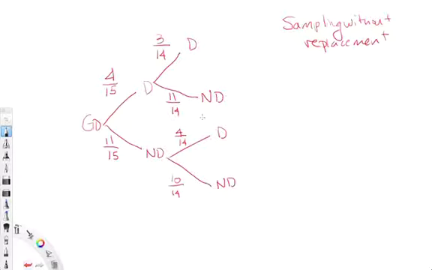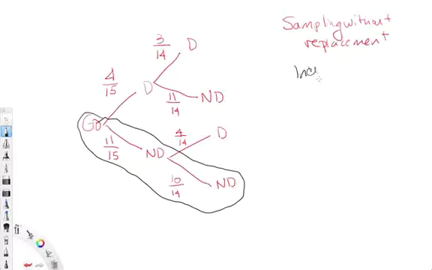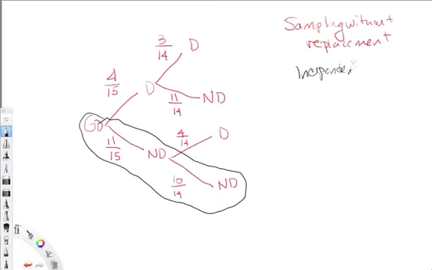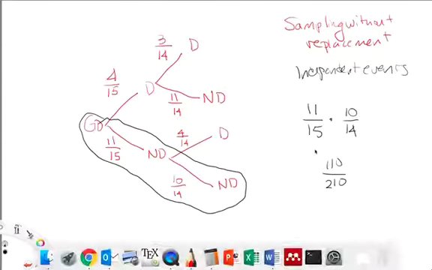So, now, to find the probability that both televisions work, we have to find the appropriate path, which is this path. And since these are independent events, we multiply the probabilities. And that's 110 over 210, but I'm going to check it with my calculator.